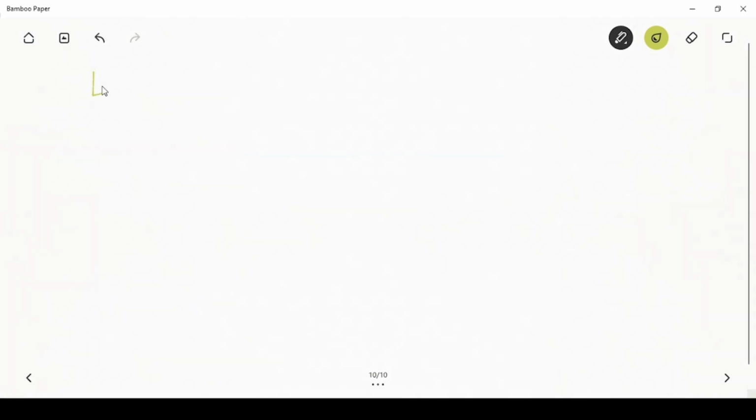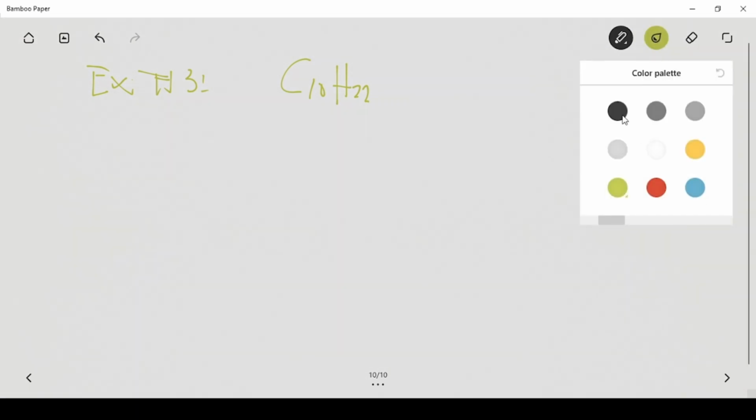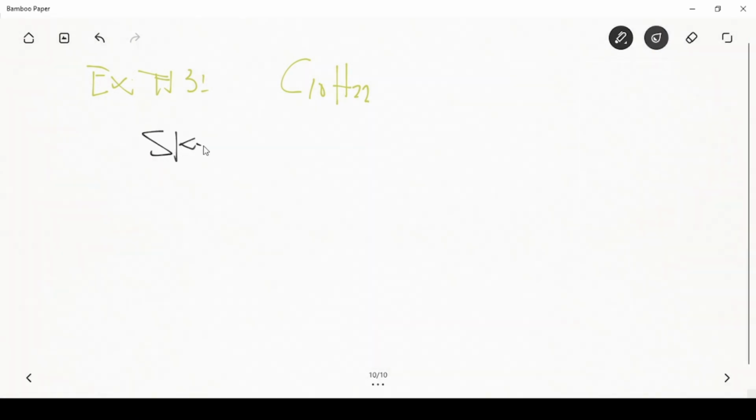Okay, now let's go to the skeletal structure. So this is still example number 3. So the formula here is C10H22. Now, get the skeletal structure.